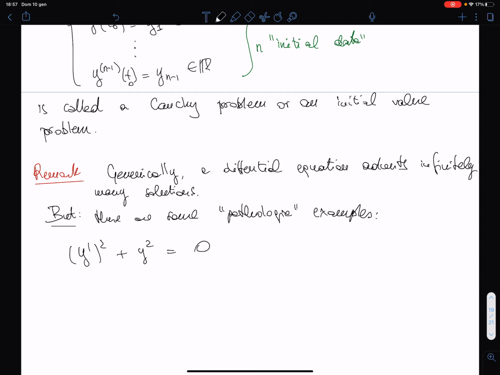This only admits y(t) equal to y prime of t equal to 0 for every t.